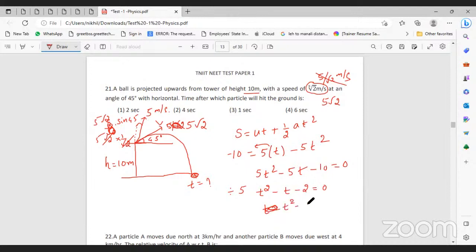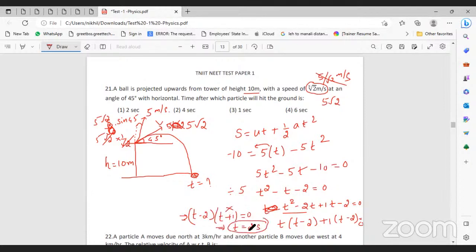T squared minus 2t plus t minus 2 equals 0. Taking t common, t times (t minus 2) plus 1 times (t minus 2) equals 0. So t minus 2 and t plus 1 are equal to 0. This clearly tells t is equal to 2 seconds, and the negative value is not possible. So the time taken will be 2 seconds. So option 1 is the right answer.